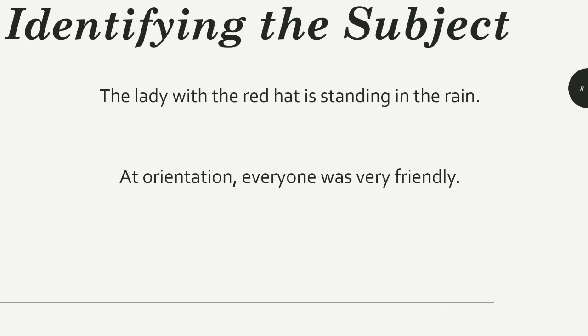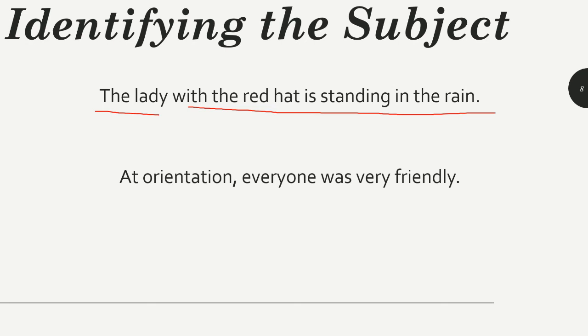So the example: the lady with the red hat is standing in the rain. The focus subject, or the simple subject, is the lady, and with the red hat is standing in the rain is just additional information.